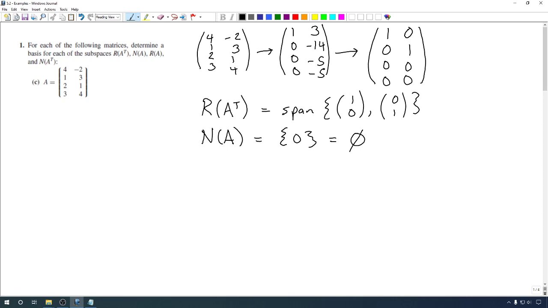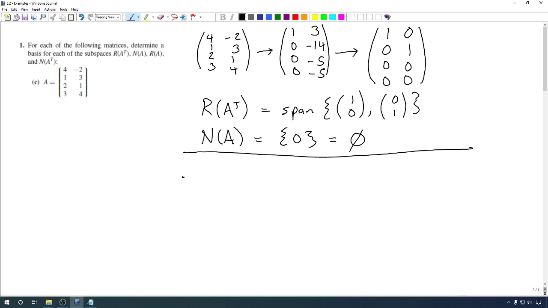So it's a little bit tricky to think about, especially when they're specifically asking for a basis here, but that's what we have. So the null space is empty, or has an empty basis. I mean, we could also have made a column of all zeros over here and tried to solve, and seen that the only possibility is the 0 vector.